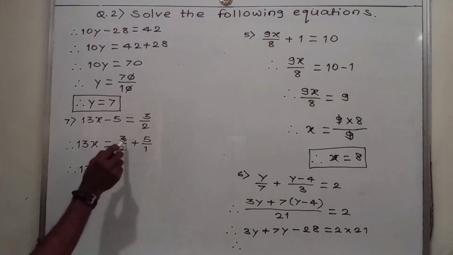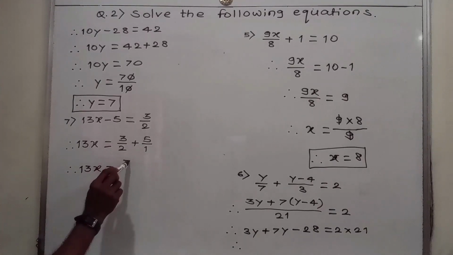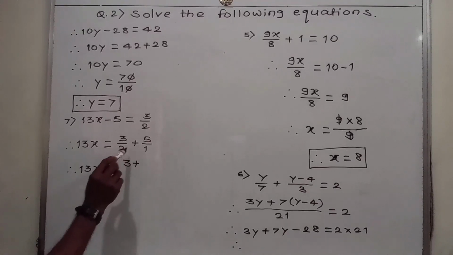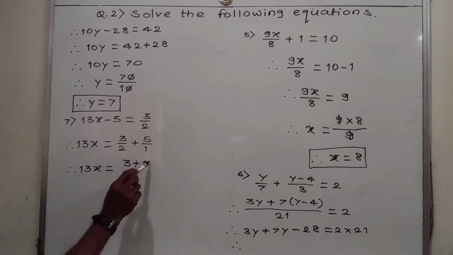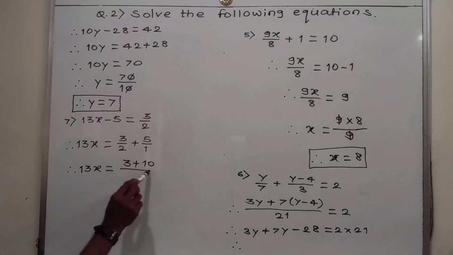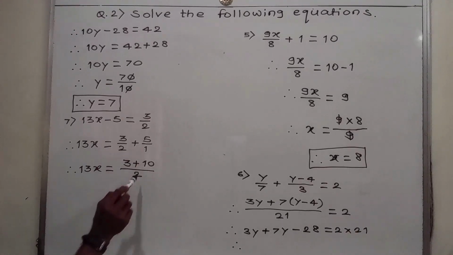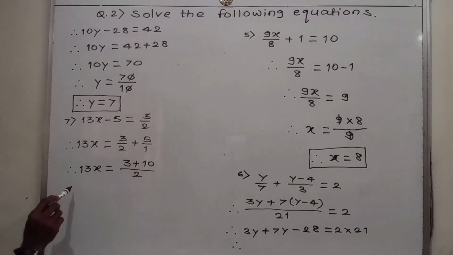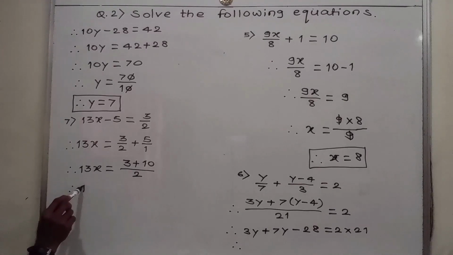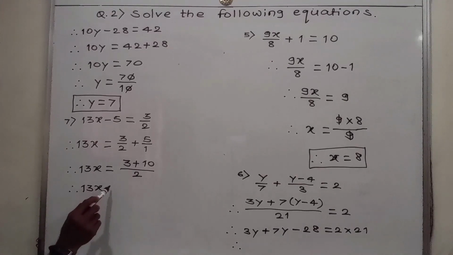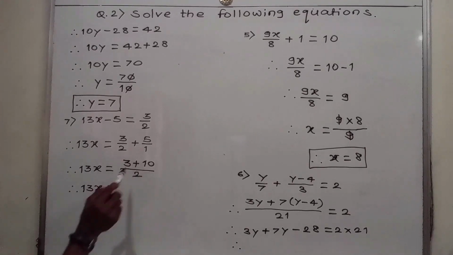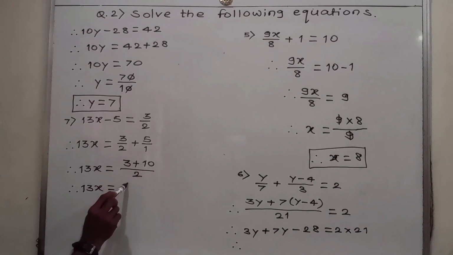13x, cross multiplication: 1 into 3, 3 plus 2 into 5, 10 upon 2 into 1, 2. Therefore, 13x is equal to 3 plus 10 upon 2.